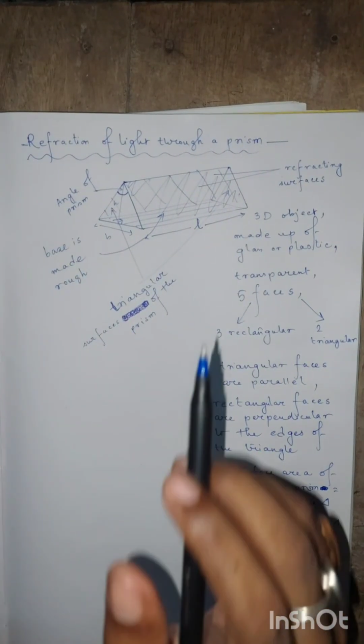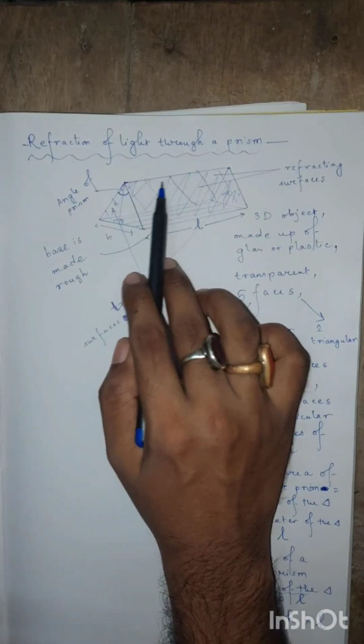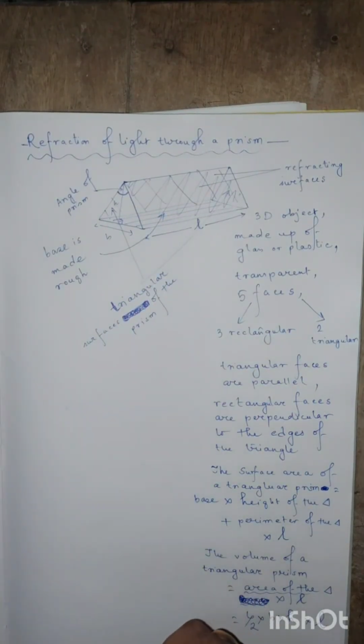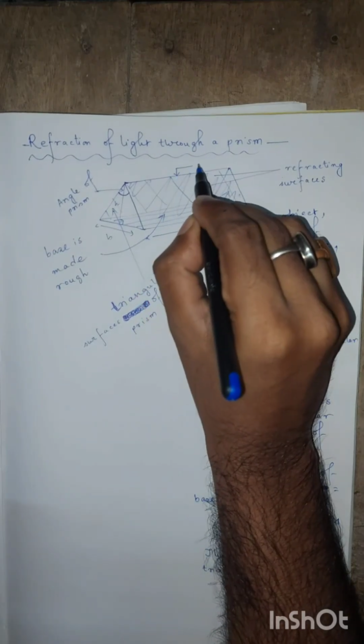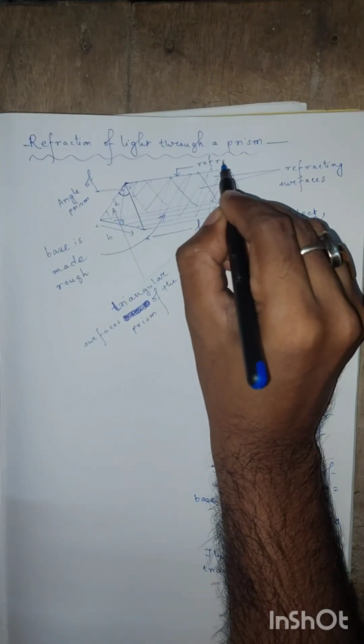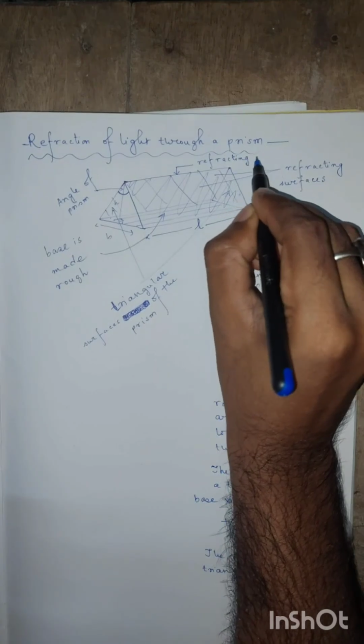And the intersection of the two slant surfaces, the straight line where the two lateral surfaces intersect each other, is called the refracting edge. This is our refracting edge.